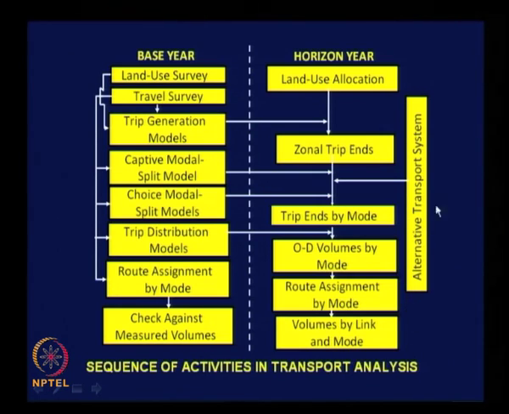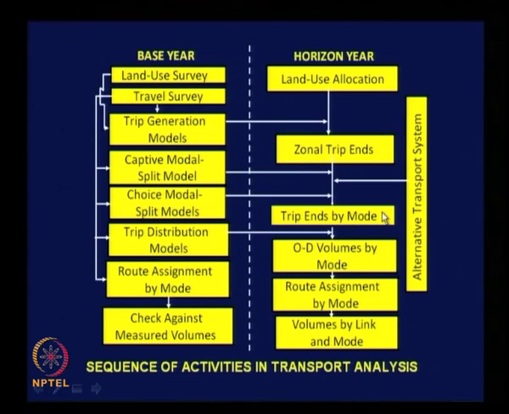If there is a possibility, put that also as an additional alternative mode in the choice analysis. Since your mode choice model is a general category of model which can take into account any additional modes, you just apply the mode choice model, including the captive mode split model as well as the mode choice model after introducing the new mode. At the end of the exercise, you will get trip ends again at the zonal level by mode.